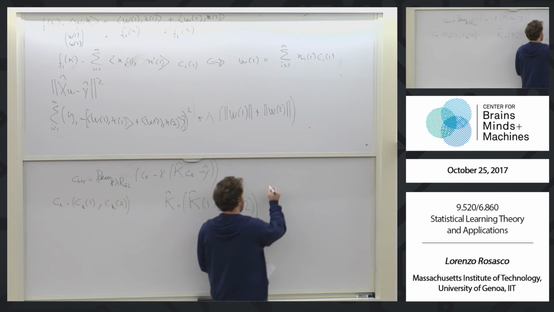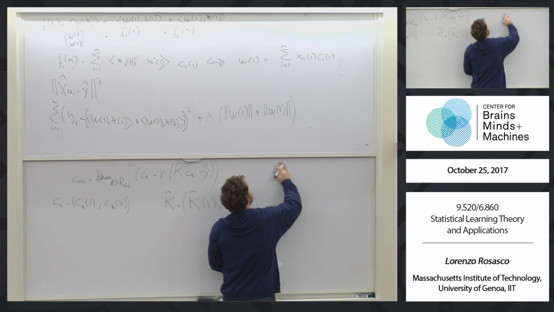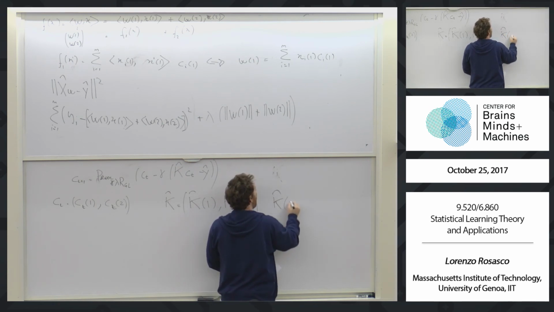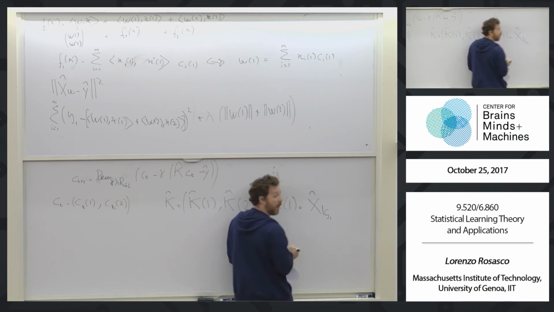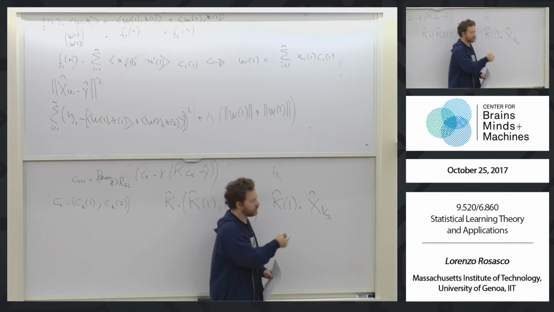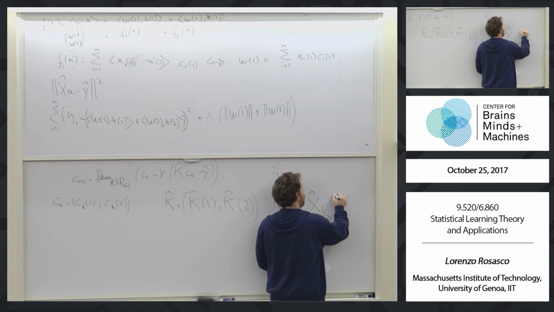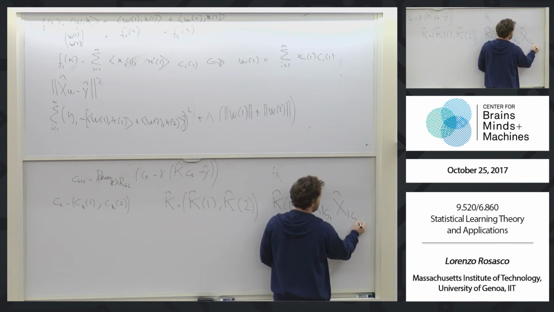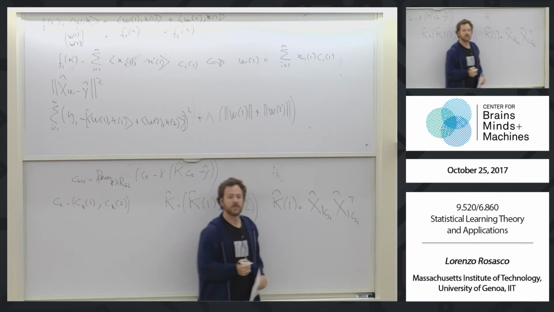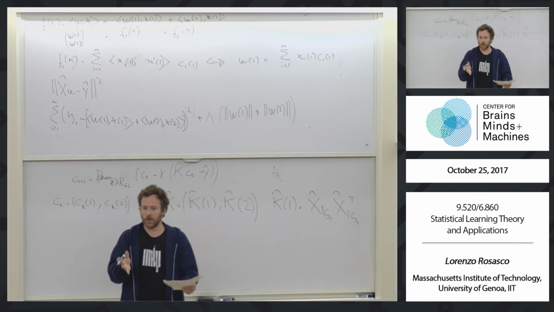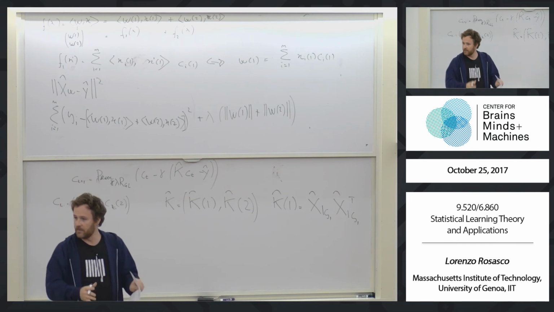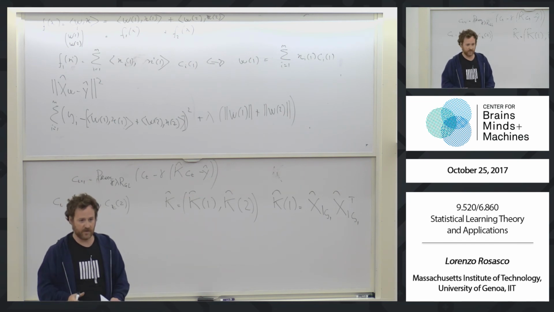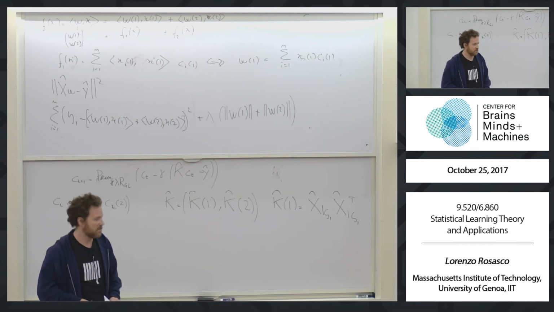So K hat 1 is what we call X hat restricted to G1, the group 1, and then we take the inner product of this against itself. They're not kernels right now, just inner products. It's only that I'm killing the first few variables for one and the other variables for the other.